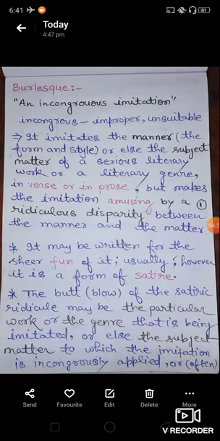But when that imitation is done, it makes the imitation amusing. That is a kind of fun after reading that. It makes the imitation amusing by a ridiculous disparity between the manner and the matter. So the manner that is there in the original text, when that is being imitated, you will find a very different kind of manner.